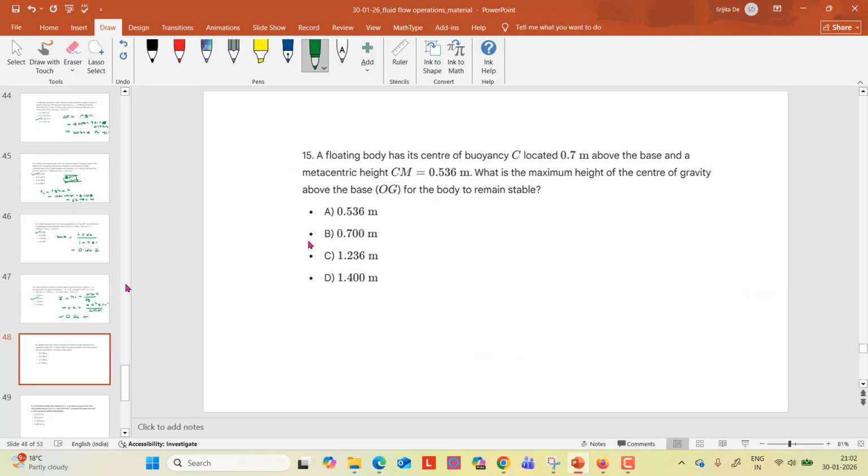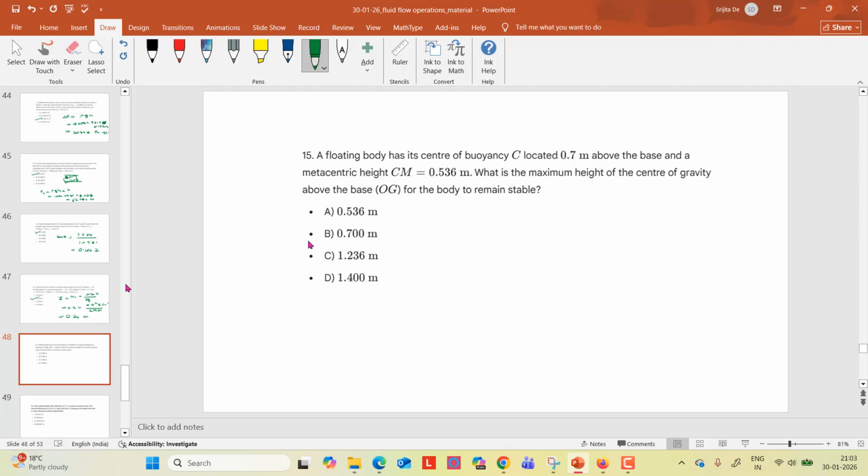A floating body has its center of buoyancy located 0.7 meter above the base and its metacentric height CM is 0.536 meter. What is the maximum height of the center of gravity above the base OG for the body to remain stable?